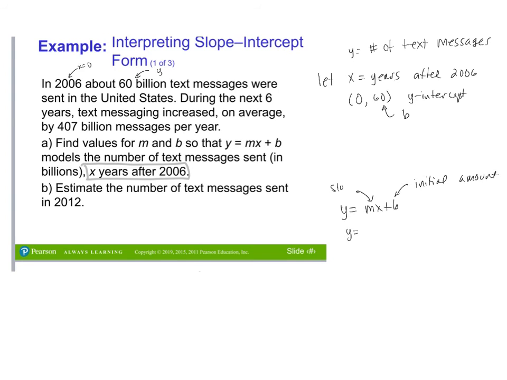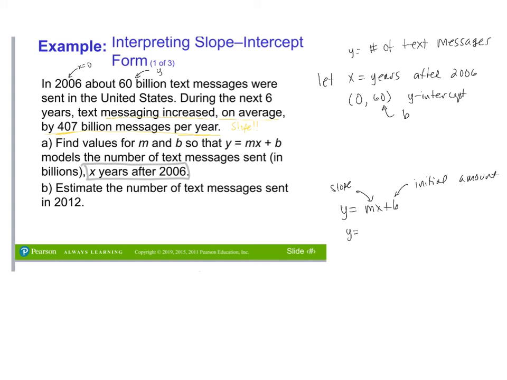Okay, so reading through this, I'm given the slope because it's saying that the text messages increased on average. Average rate of change, that means slope. And they are increasing at a rate of 407 billion per year. That's slope.